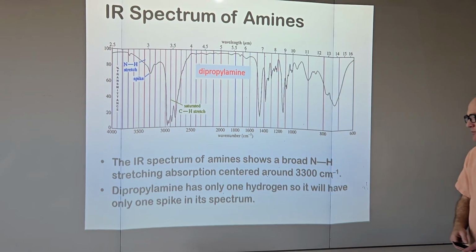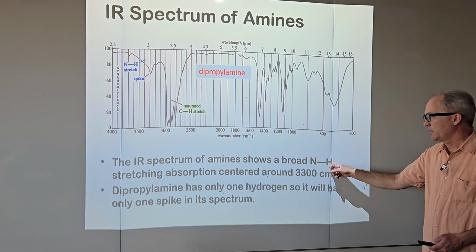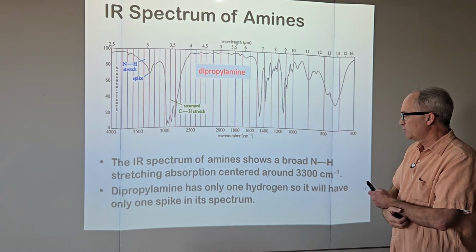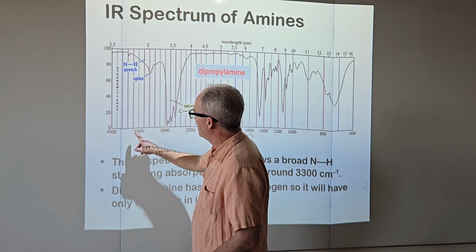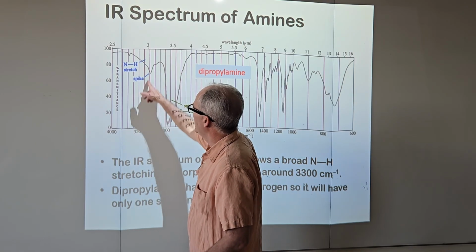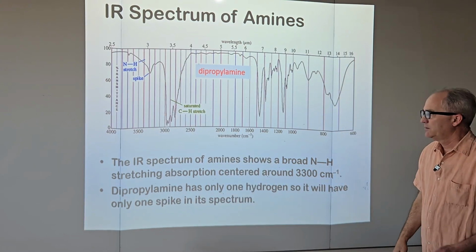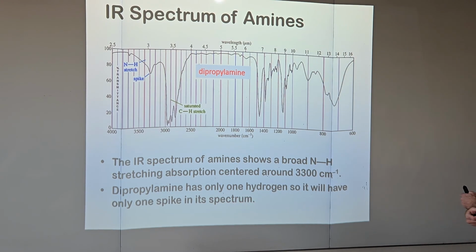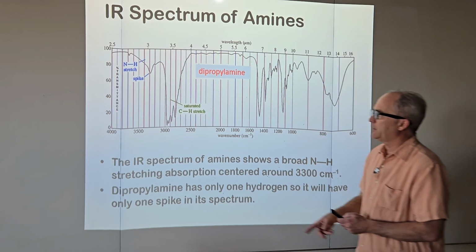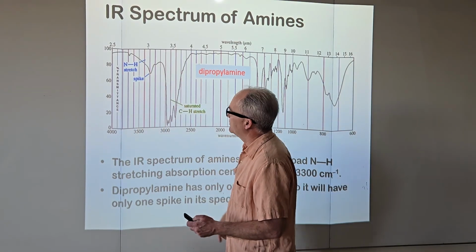The IR spectrum of amine shows a broad nitrogen-hydrogen stretching absorption centered around about the same spot. Here, right at 3,300 wave numbers. Diisopropylamine only has one hydrogen, so it only has one spike in the spectrum.